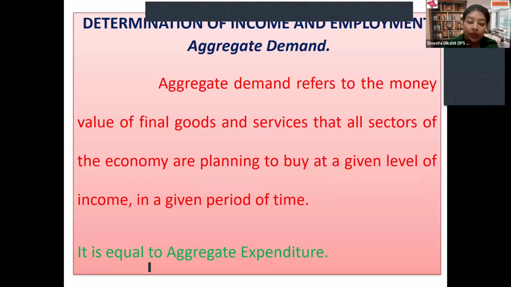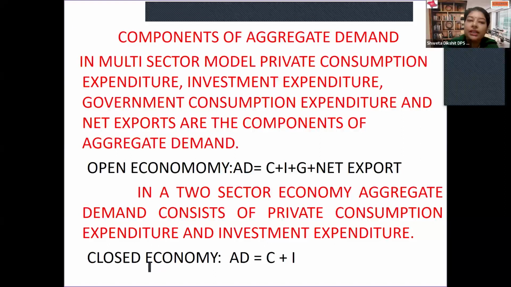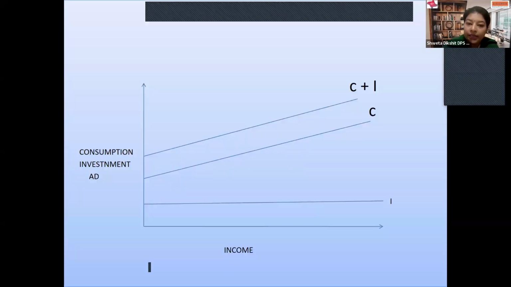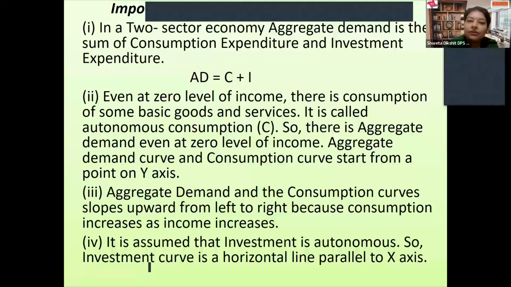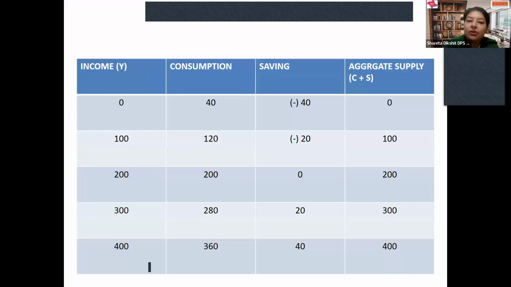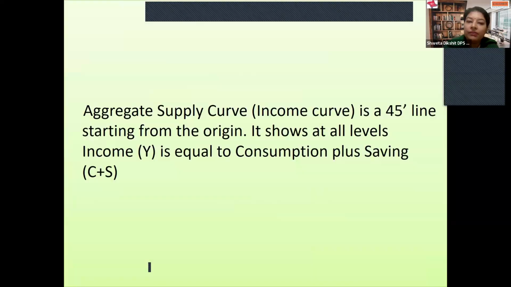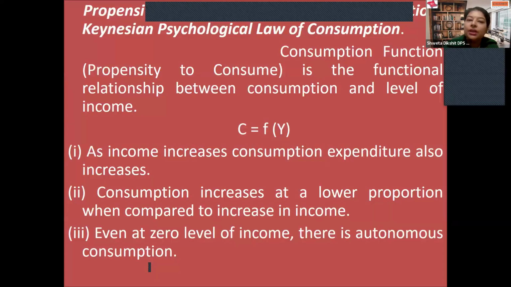Good evening, everyone. In the last session, we studied the determination of income and employment theory, the introductory part, including AD-AS, their schedule, diagram, and also the important features displayed on your screen. Other than that, we also studied one of the very major topics, which is propensity to consume.